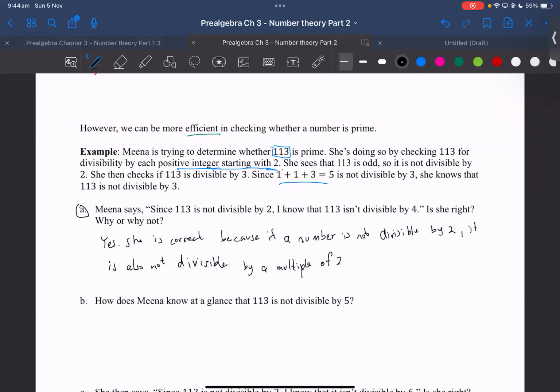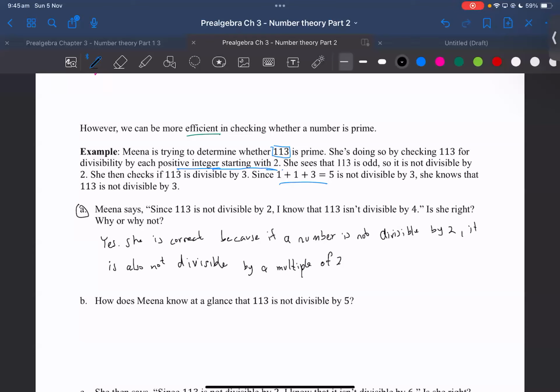And for B, hopefully you guys can read it. Mina knows just by looking at it that 113 is not divisible by 5. How does she know that? Remember, the divisibility rule is even quicker.